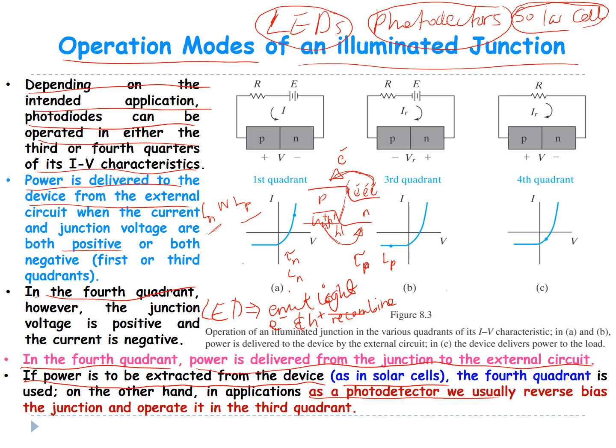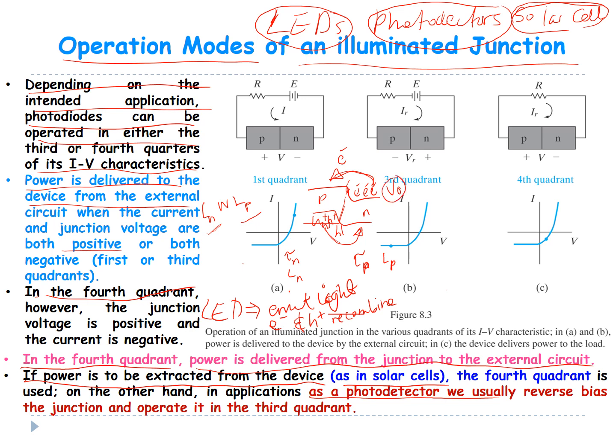And the only thing that's stopping electrons from moving from N to P is the potential barrier V0. So if you want to have LED operation where you've got lots of recombination of electrons and holes, you should lower this barrier, and the only way you can do that is by having a forward bias.